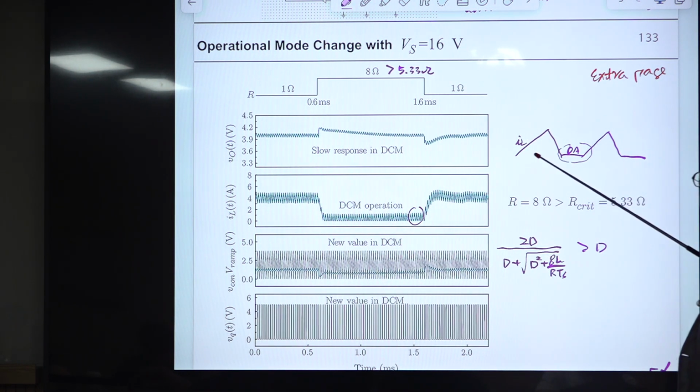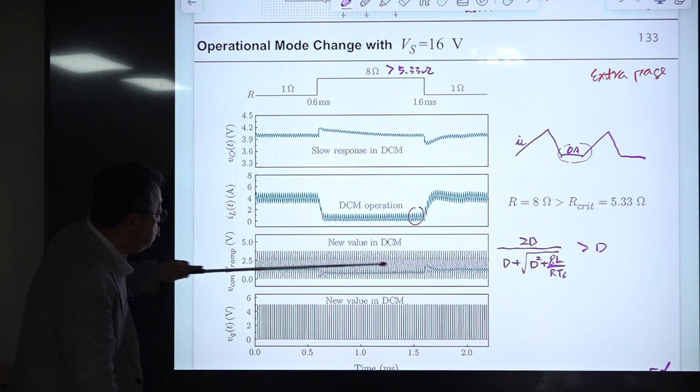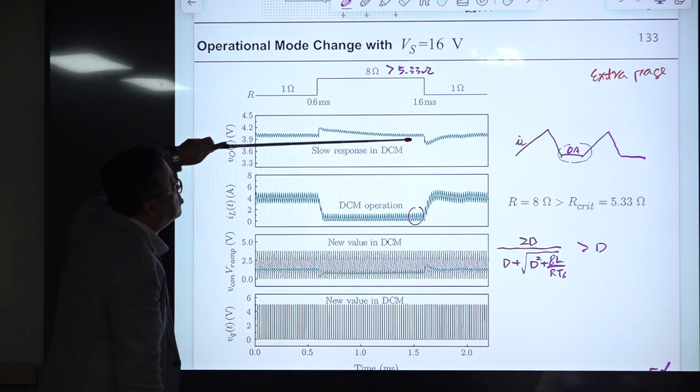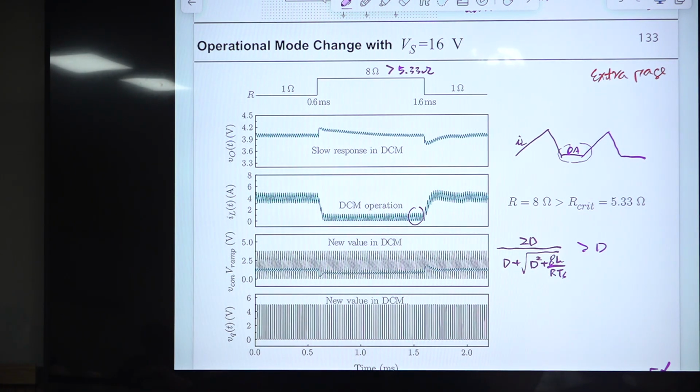All right. So IL is like this. It remains 0, so it is DCM because this 8 ohm is much larger than R critical. Then take a look at this. The control voltage in DCM is reduced. Still the output is regulated at 4 volt, but the response is very slow.